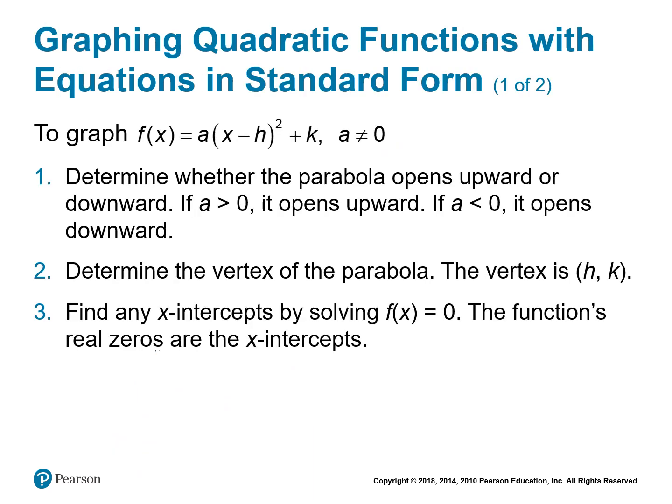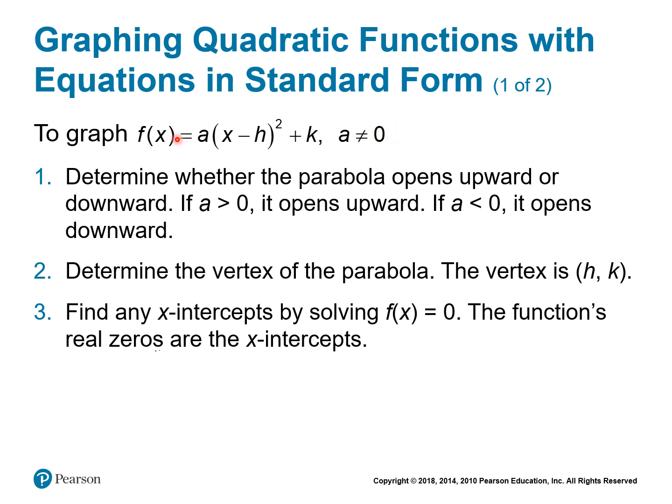So here we talk about graphing quadratic functions with equations in what the book calls the standard form, but is really the vertex form. So we have the vertex form given here: a times x minus h whole squared plus k, a not being 0.